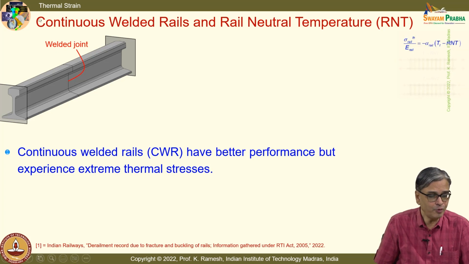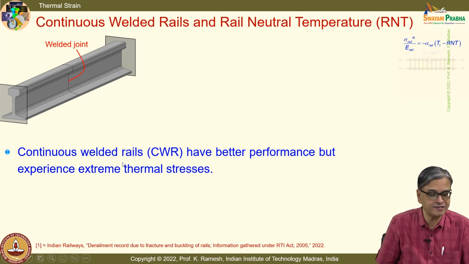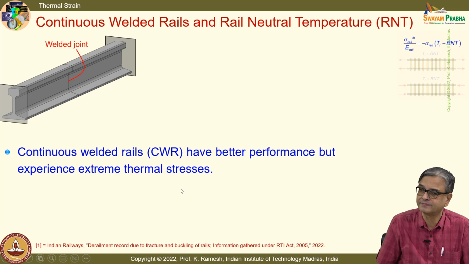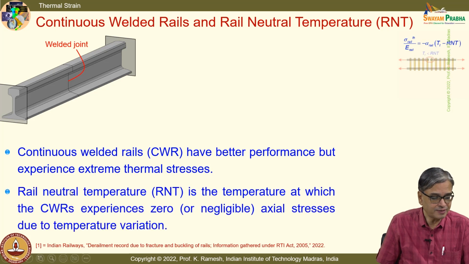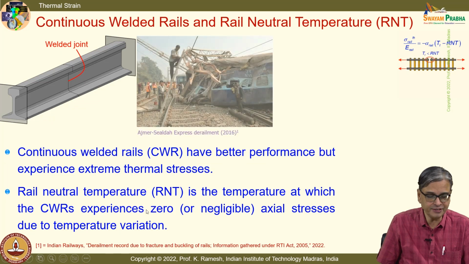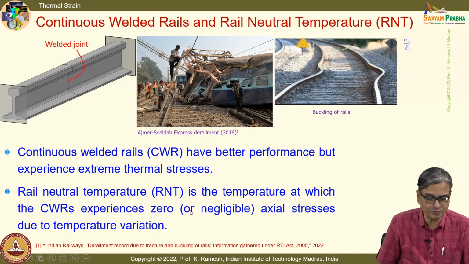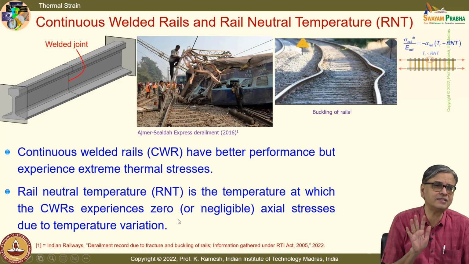But when you put a welded joint, these are called continuous welded rails. Structurally, they have a better performance, but experience extreme thermal stresses. Okay. You have something called a rail neutral temperature that has to be determined. That is a very complicated job to do, at which the continuous welded rails experience negligible stresses due to thermal effects.